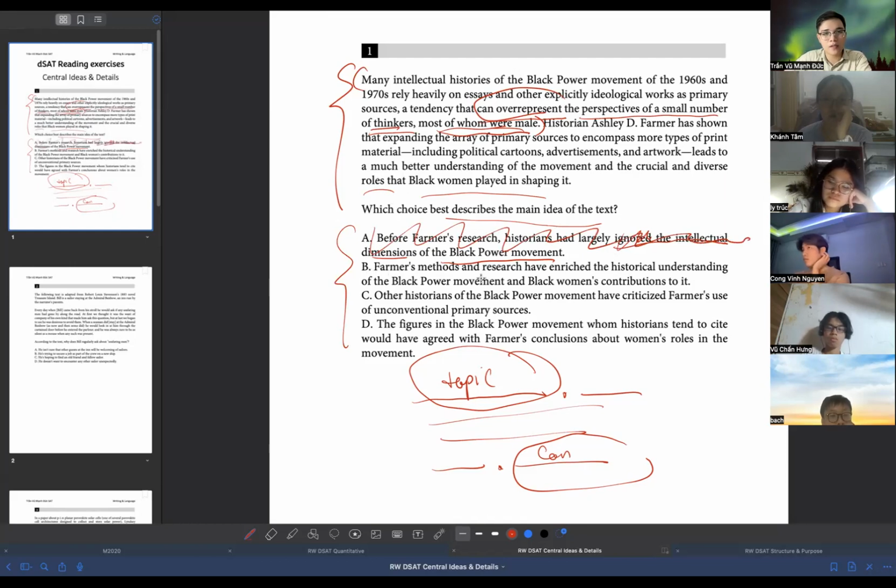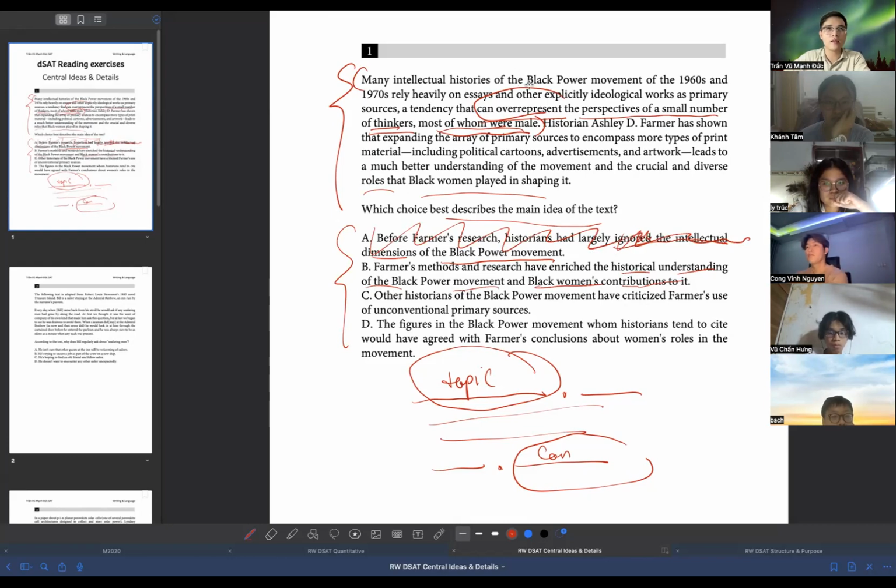How about B? Farmer's method and research have enriched the historical understanding of the Black Power movement and Black women's contribution to it. So the topic sentence doesn't explicitly say anything about Black women's contribution to it, but it does say something about the overrepresentation of men, right? So this is quite similar to what B is saying.